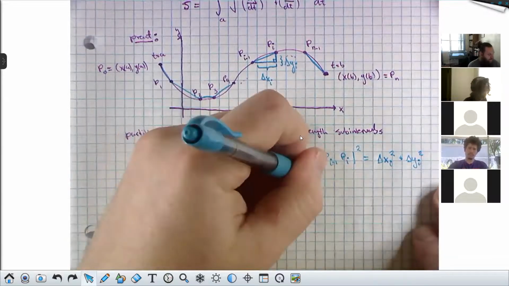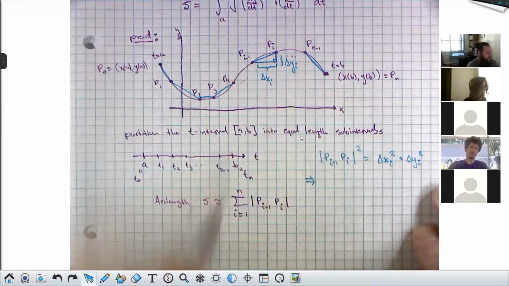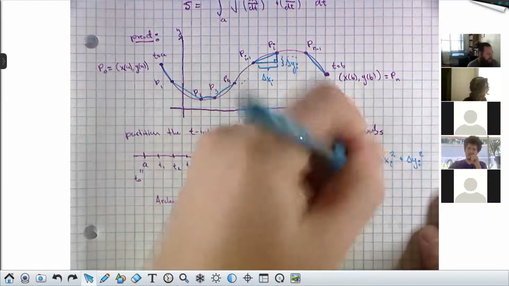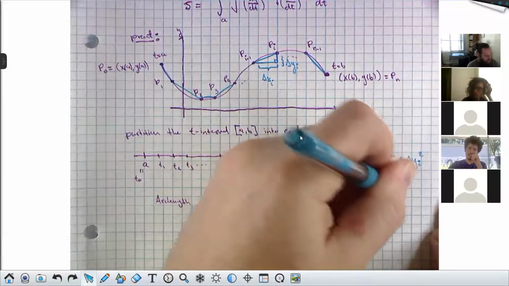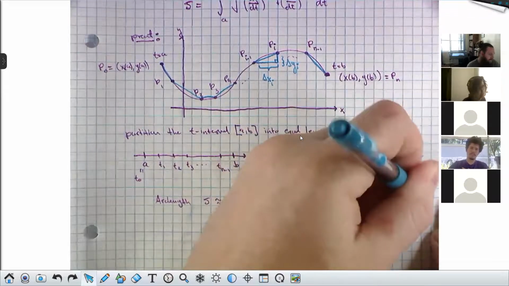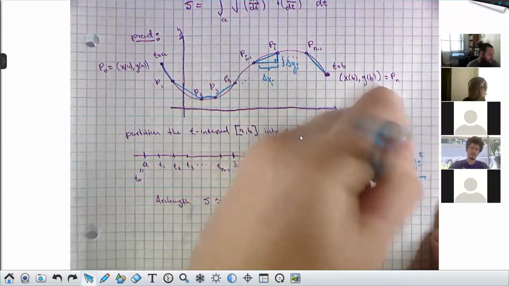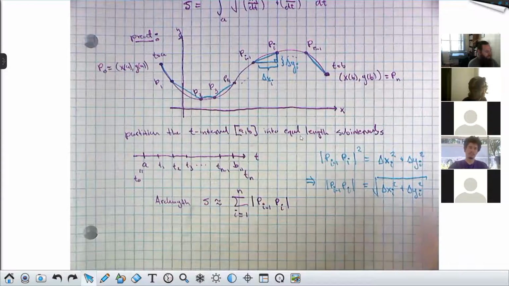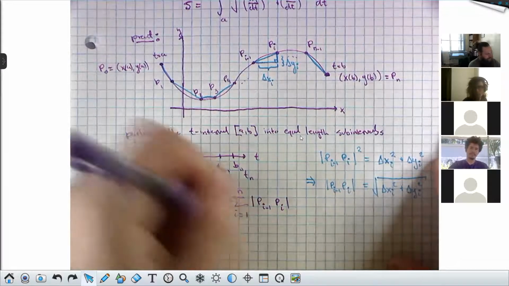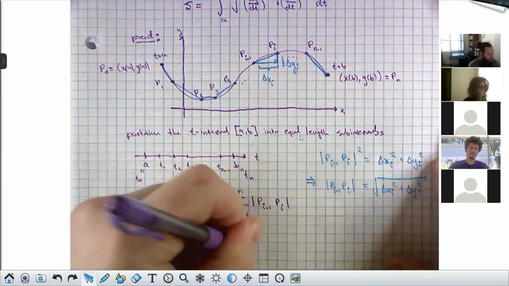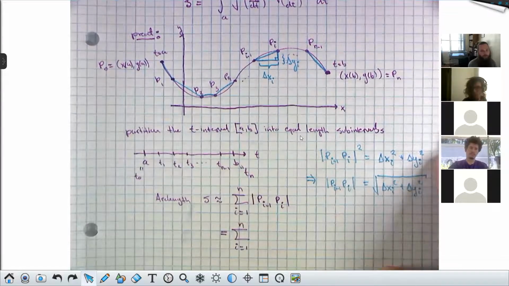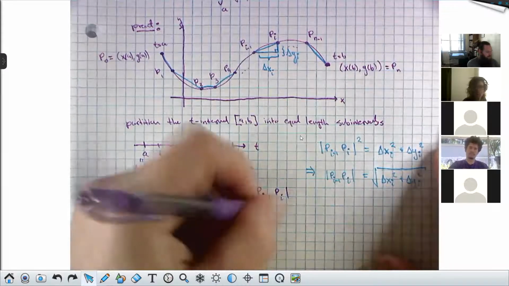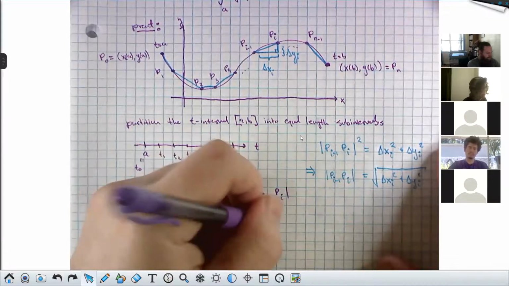Which means that the object in my sum here, which is the distance from Pi minus 1 to Pi, is the square root of these things. So I'm going to plug that into my formula here. This is like a Riemann sum, but it's a Riemann sum for lengths rather than for areas. So because the distance from Pi minus 1 to Pi is this square root, the sum of those distances is the sum of those square roots.